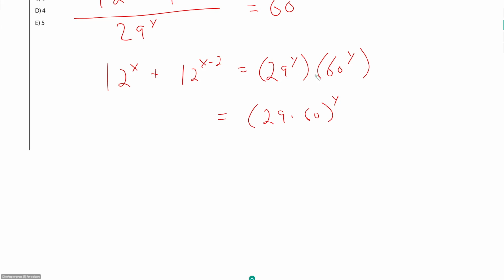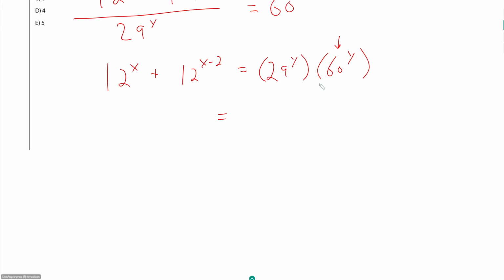If anything, I want to be breaking down these guys. I need to get these guys to match up with these 12s over here. And so I probably would not want to do that. And instead, what I might say is, well, I have a 60 here. And I know within that 60, there is a 12 because 12 times 5 is 60. So 29 is prime.